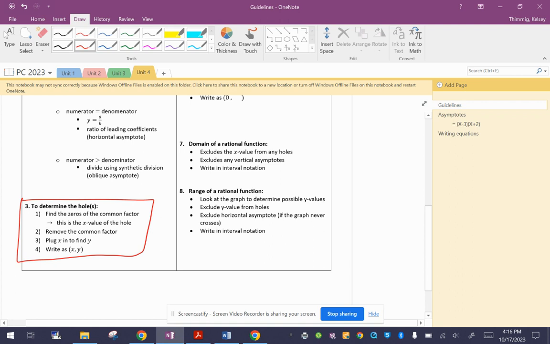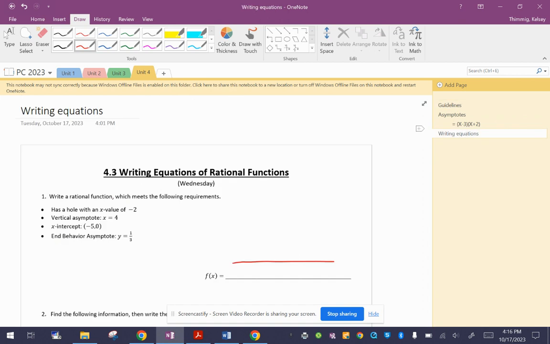Remember, the common factor means that it's a factor in both the numerator and the denominator. So when we're writing the equation, if my hole has an x value of -2, that means my factor is going to be x plus 2. And again, if it's a common factor, it needs to be in both the numerator and the denominator. So I'm going to make sure I write an x plus 2 in the numerator and the denominator.